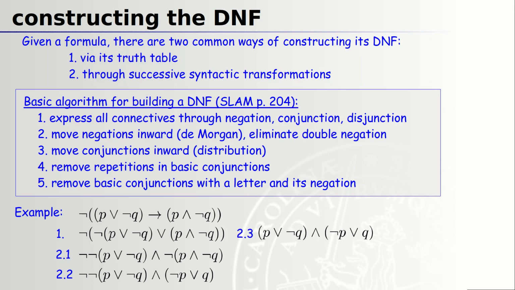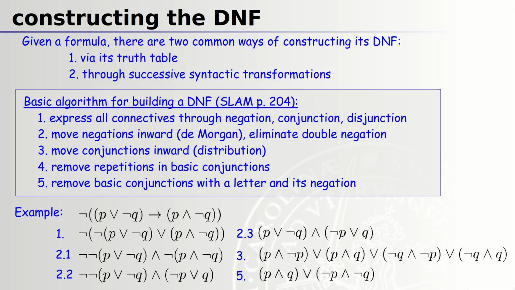We drop the double negation on the left-hand term, and then we use distribution, or multiplying out, to move the outer and operation inside. Finally, we lose the first and last term because they are conjunctions containing a letter and its inverse. The result is an equivalent term in DNF.